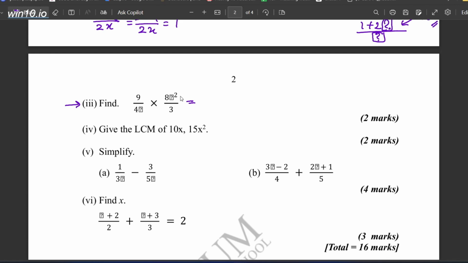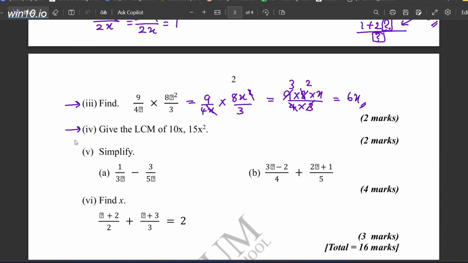This is just a formula. Okay, 9 over 4x times 8x squared over 3. So x gets cancelled out. 9 times 8 times x over 4 times 3. This is 2. This is 3. So 6x is the answer.